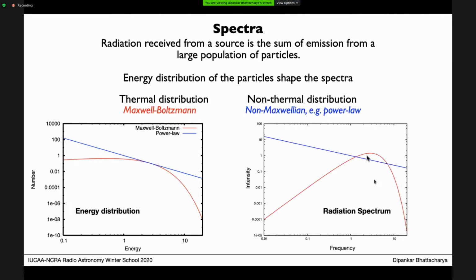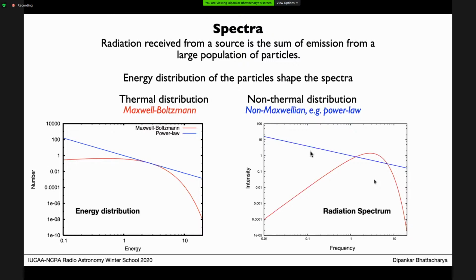So here again, you see that compared to a thermal radiation, let's say this thermal radiation represents the spectrum of a star. Now if you have another source where the particle energy distribution is non-thermal, then you see that such sources with non-thermal power law distribution will become more prominent at very high energies, so let's say X-rays or even gamma rays, as well as low frequencies like radio.